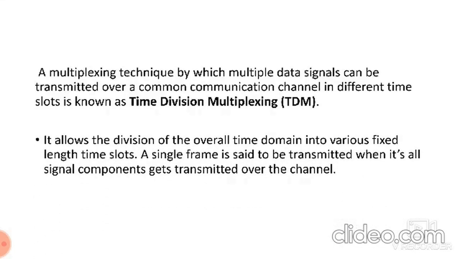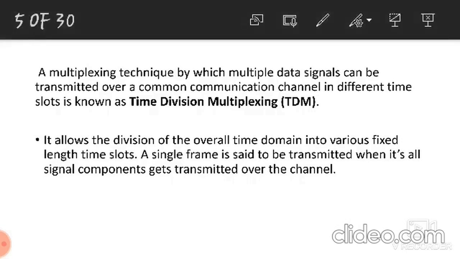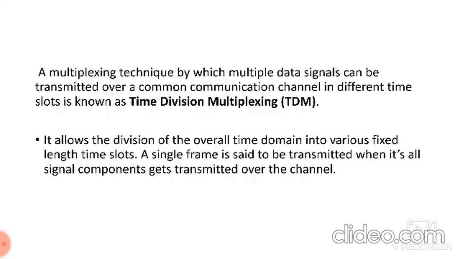Multiplexing is a technique by which multiple data signals can be transmitted over a common channel in different time slots. This is called time division multiplexing. It also allows the division of overall time into different time slots.